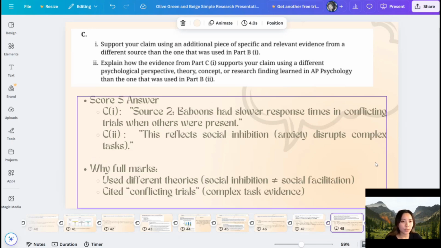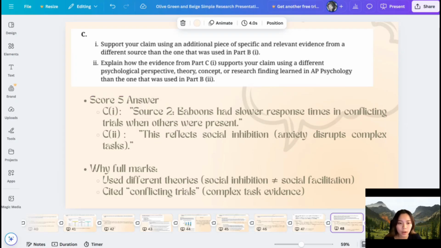Question C: support your claim using an additional piece of specific and relevant evidence from a different source than the one used in part B. So the score 5 answer for this one, part 1, is I use source 2. You can use either source 2 or source 3, but I like source 2 because I love baboons.